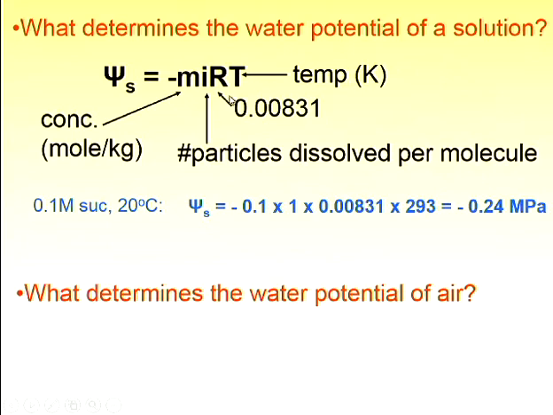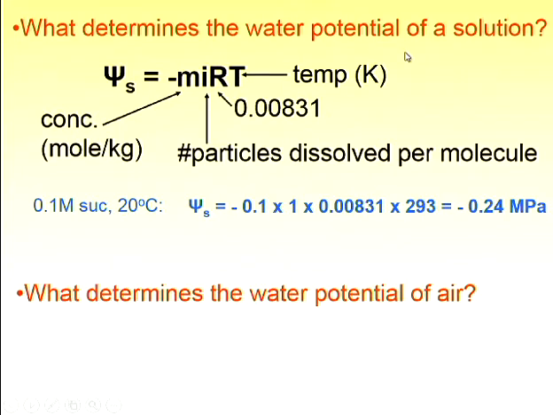So the higher the temperature, the more negative at the same concentration. And you see clearly that the degree to which a molecule dissociates, or dissolves also, influences its contribution to the solute potential. So that is for a solution, how to calculate the water potential of a solution.